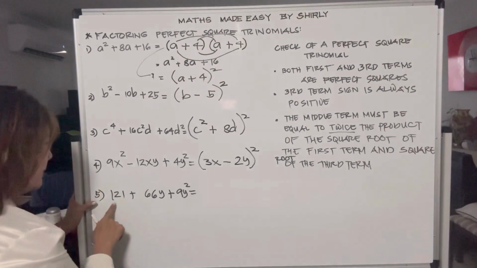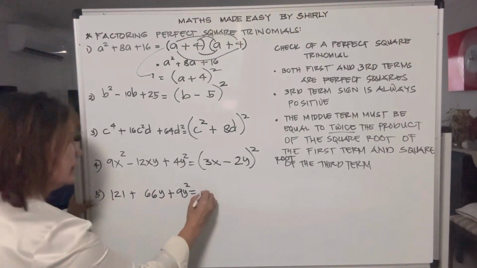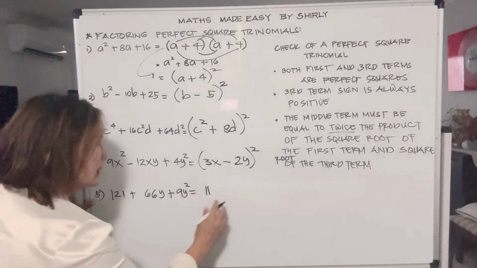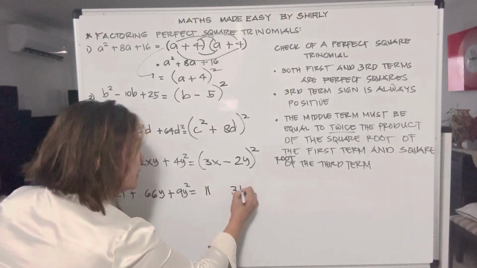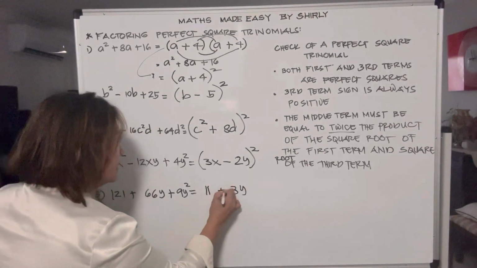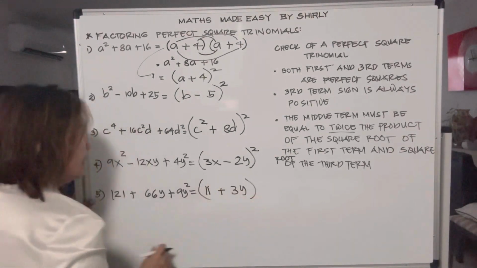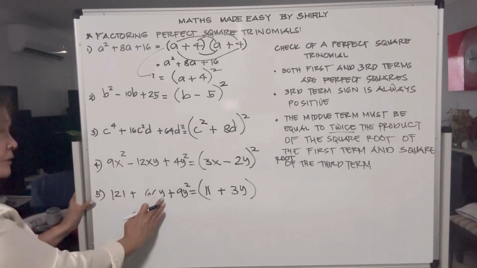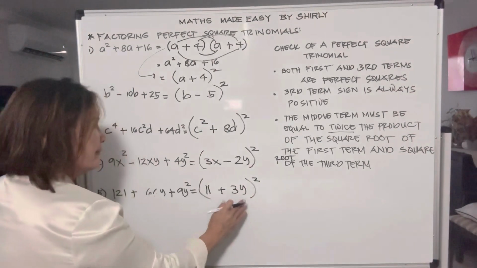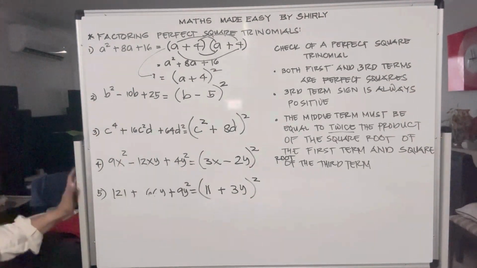Next, we have the square root of 121, that is 11. The square root of 9y squared is 3y. Copy the sign of the middle term, that is positive. Therefore, the factors of this is the square of the binomial 11 plus 3y.